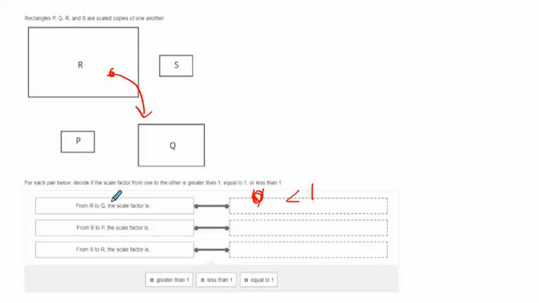Now we're going from S to P. Well, that looks like the exact same, so that's going to be equal to 1. And then we're going from S to R. Well, that got bigger, so that means it has to be greater than 1.